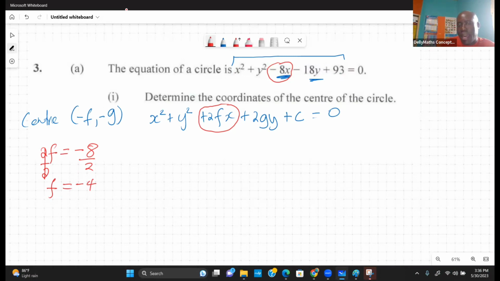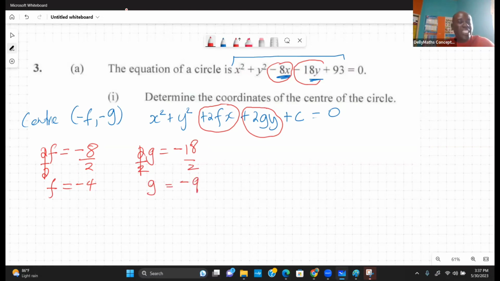On the other hand, for the other part, 2g is equal to negative 18. Divide by 2, g is equal to negative 9.